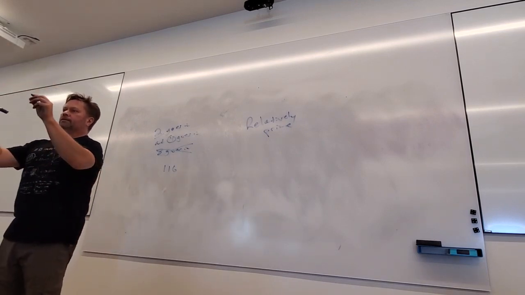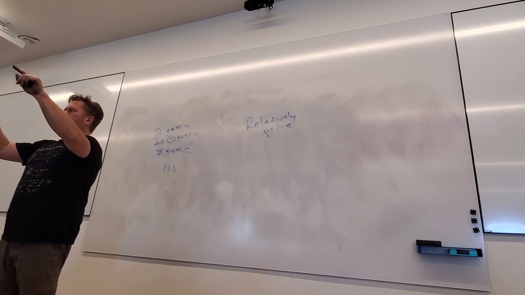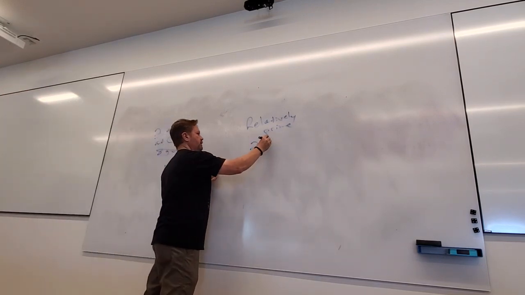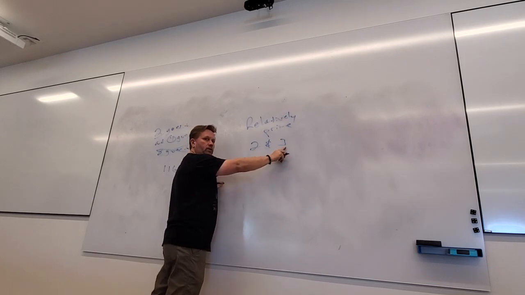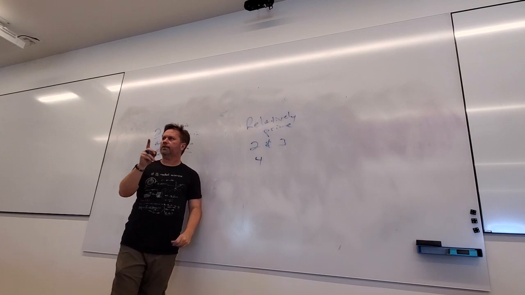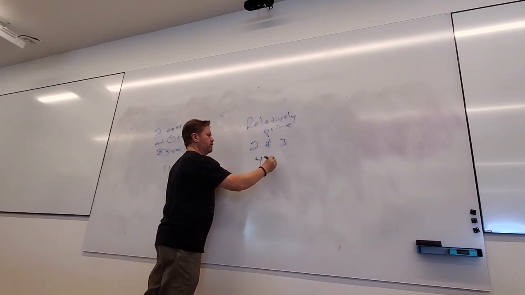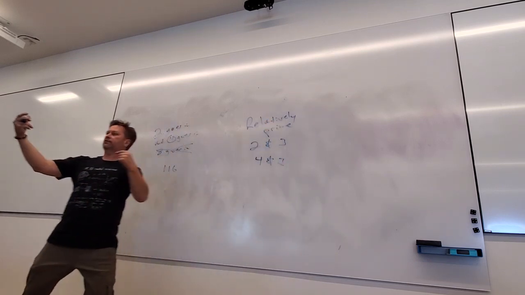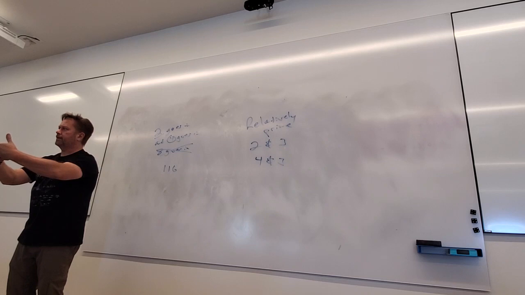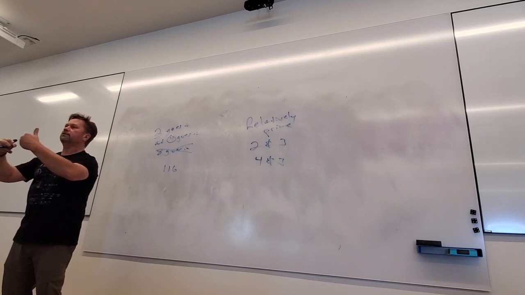Relatively prime means, for example, 2 and 3 are both prime, and they're relatively prime because 2 doesn't share any factors with 3. Is 4 prime? 4 is not prime, correct? But 4 and 3 are relatively prime. Do they share any factors besides 1? Does any number go into both besides 1? So they are relatively prime.